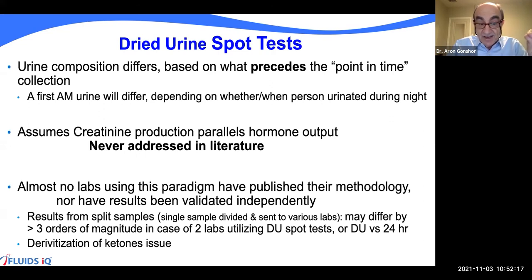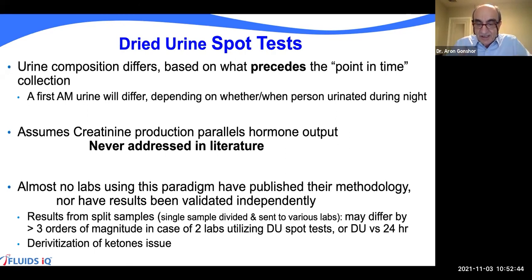In fact, if you look at results from split samples, that means you take a single sample and send it to 2 labs, one that's doing dried urine, one that's doing wet urine, or even a lab that can do both the dried and the wet, what you're going to find is actually very dramatic, because the results may differ by 3 orders of magnitude.